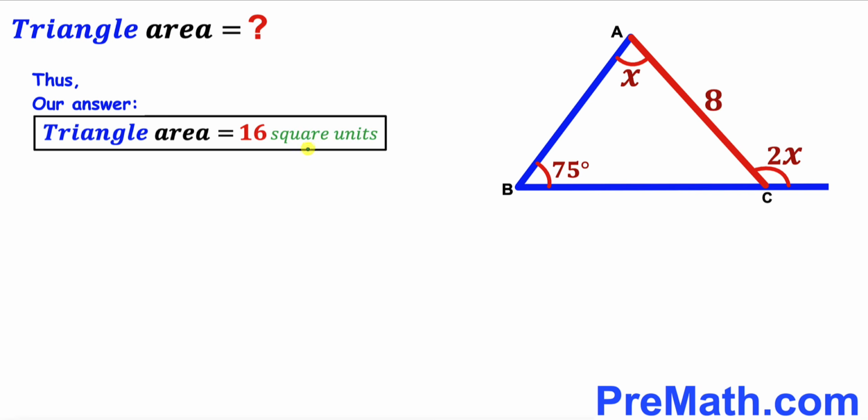So thus after all the calculations, the area of this triangle ABC turns out to be 16 square units. And that's our final answer.